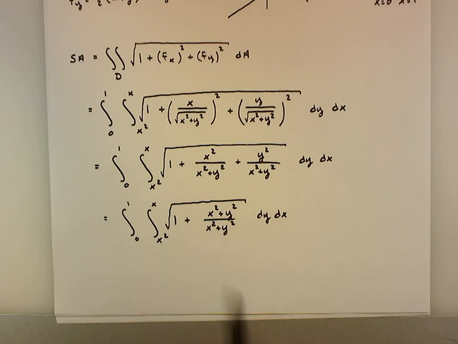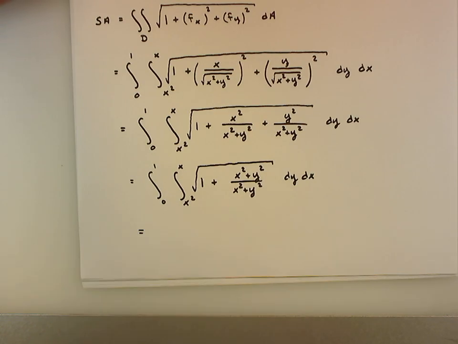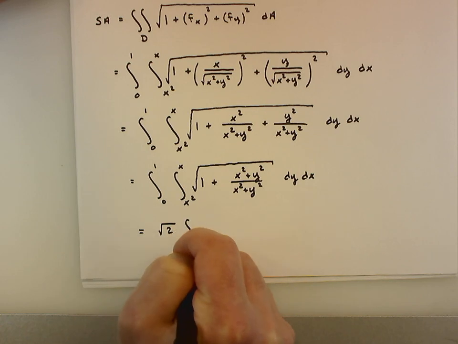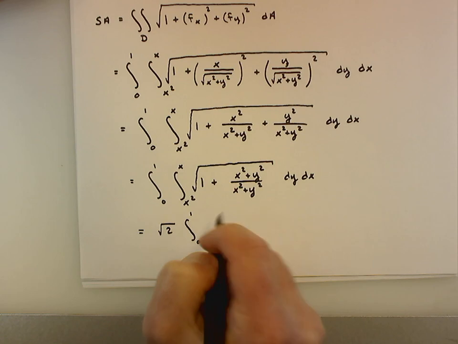1 plus 1 is root 2. So if I factor out a root 2, since it's a constant multiple, I'll factor it out in front of the double integral.